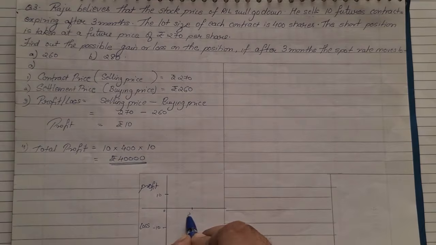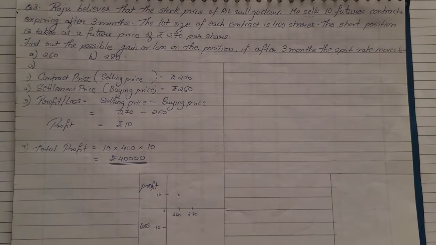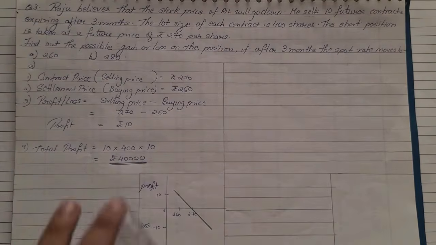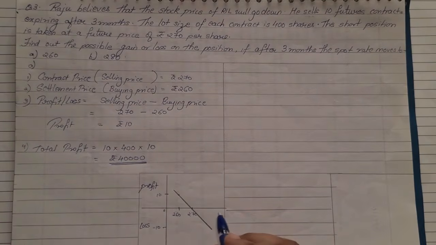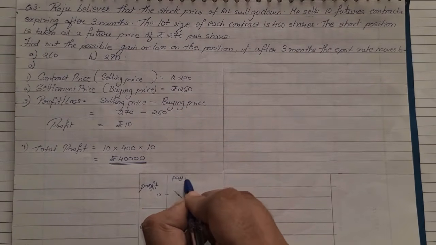Contract price is based on 270 rupees and my settlement is 260, so it is less than 270. On my settlement we made a profit of 10, so we marked it. From that point we will be drawing a curve passing through the contract price, and that will be our payoff diagram. This is Reliance's future, so Reliance. Okay, and this is my payoff diagram.